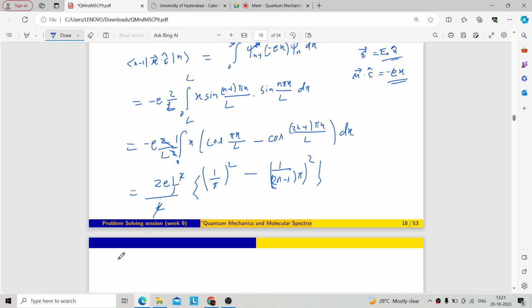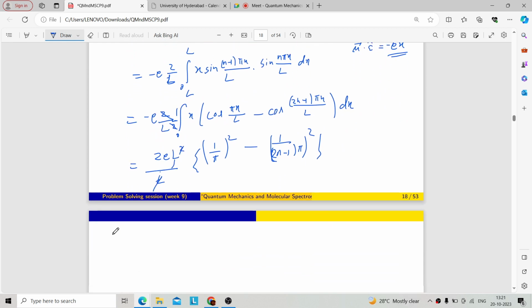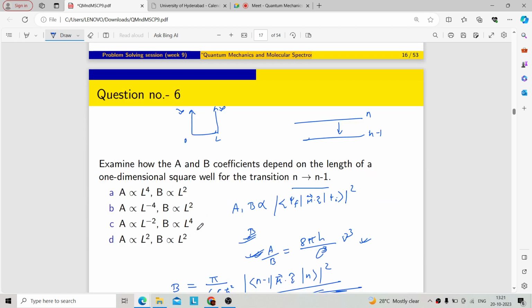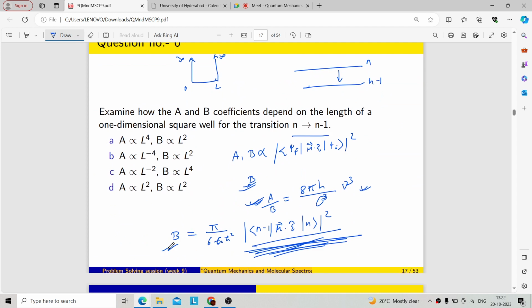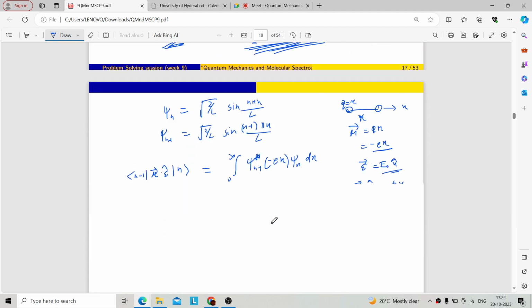So this transition moment integral will be proportional to L. Our formula for B was directly proportional to the transition moment integral square.